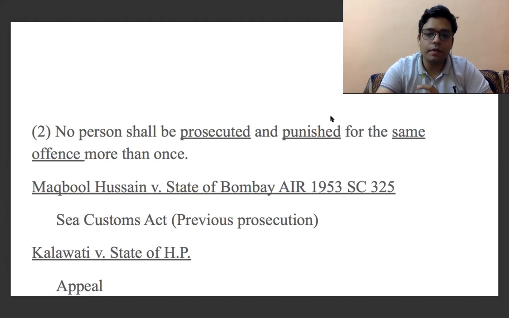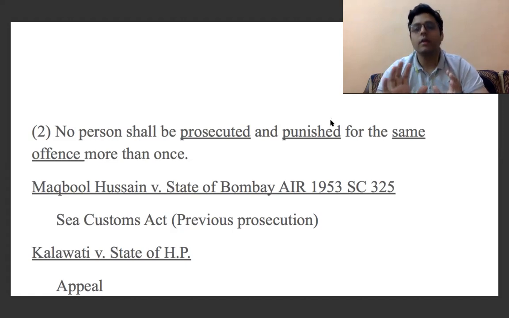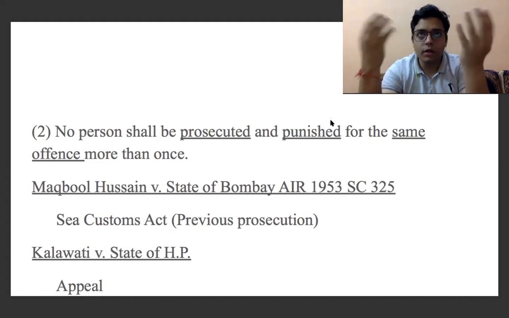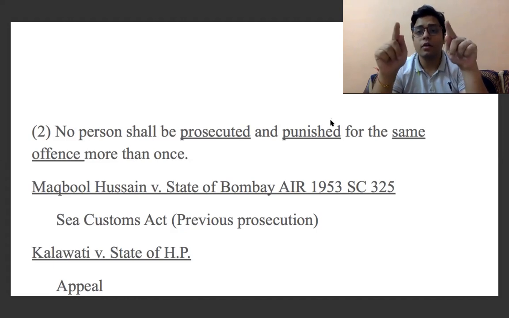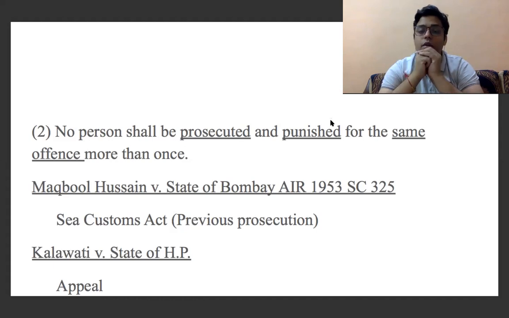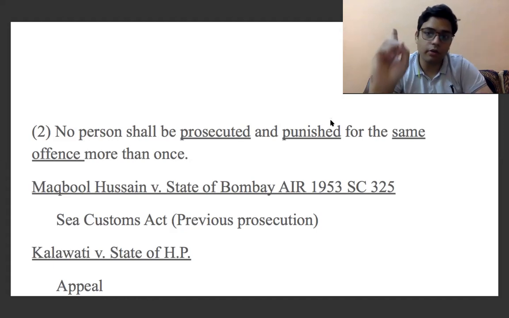It means that if a particular person has committed a particular offense, he will not be punished for it more than once. There are three requirements. The first requirement is that the particular person has to be prosecuted for it.